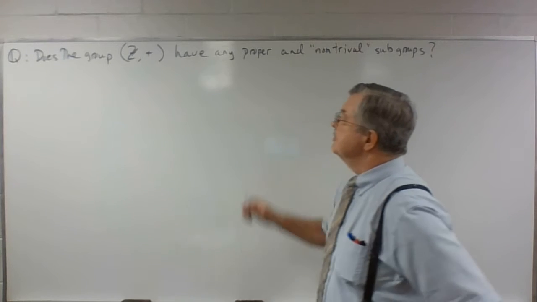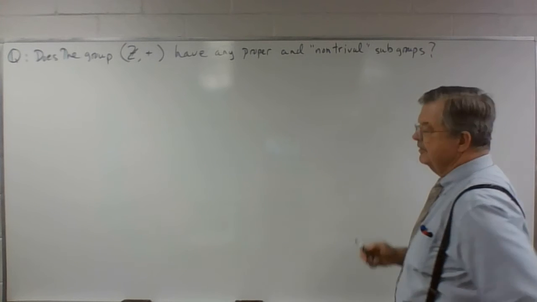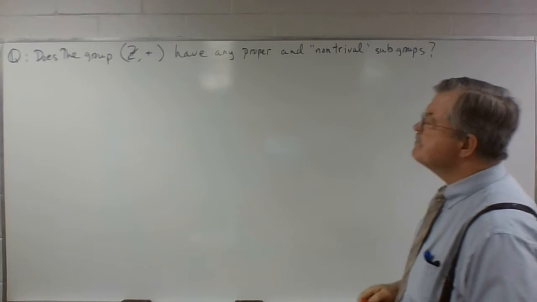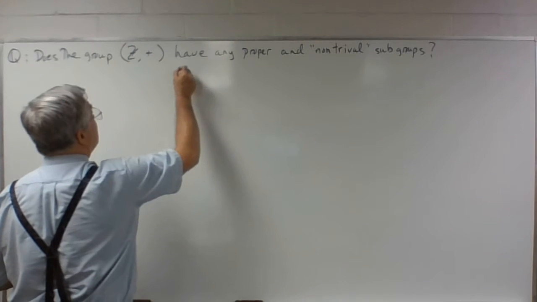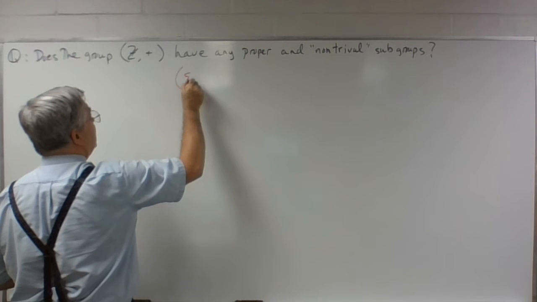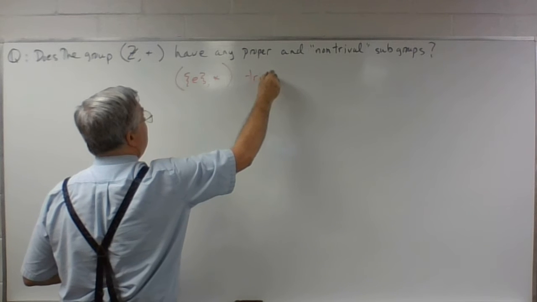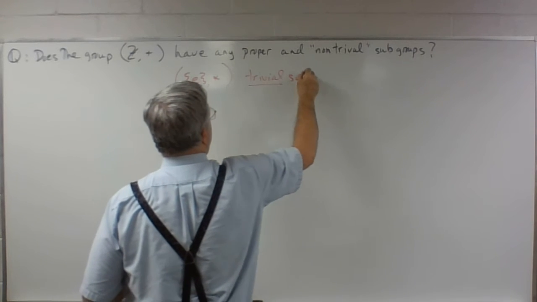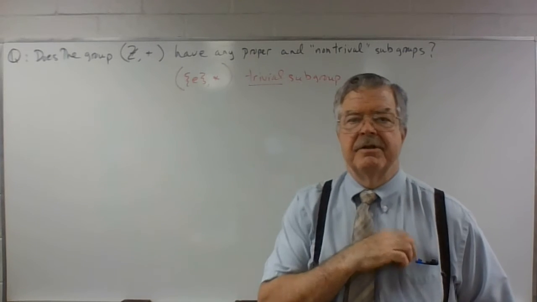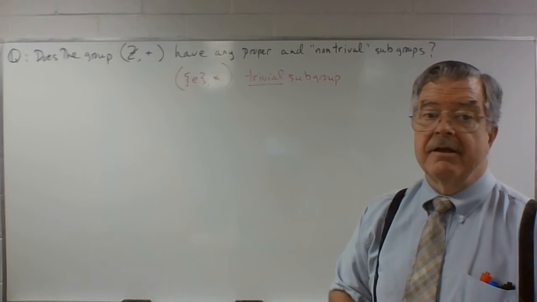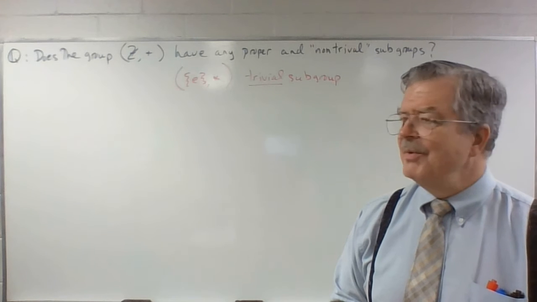What about the integers? Do the integers under addition have any proper and non-trivial subgroups? What do I mean by non-trivial? The group consisting solely of the identity is always a subgroup, but we know that.